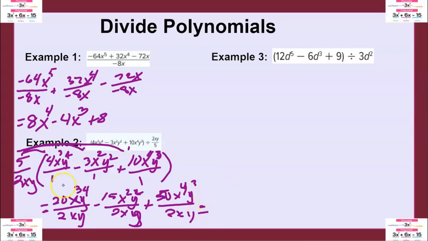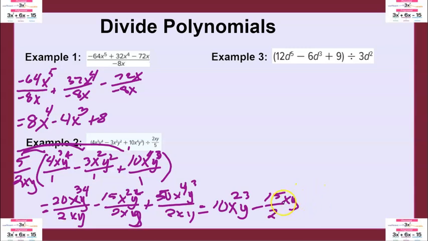So when I do that, 20 divided by 2 is 10. x cubed divided by x is x squared. y to the 4th divided by y is y cubed. And then I have minus 15 divided by 2 is just still 15 over 2. x squared divided by x is x. y squared divided by y is y.